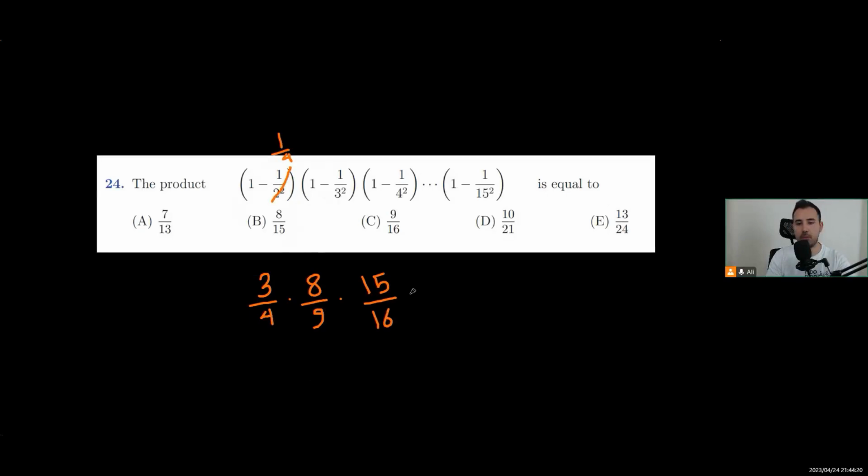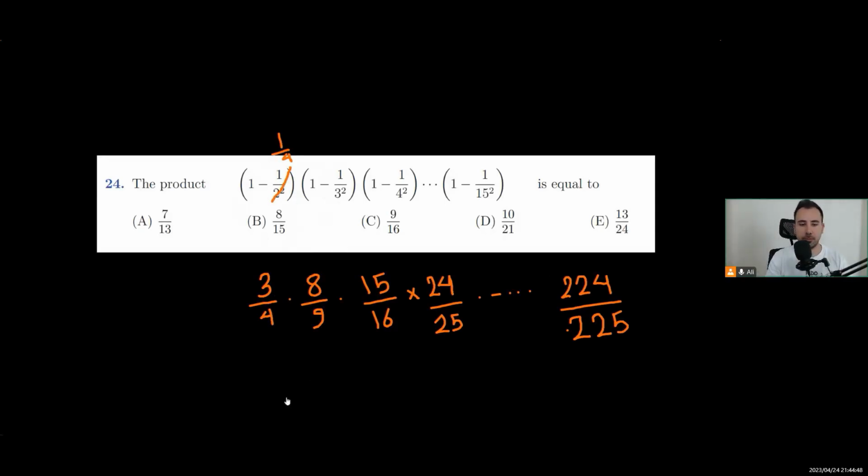And we're going to go, let's just do another one, 24 over 25. And we're going to go all the way to 224 over 225. Okay. So now let's see.